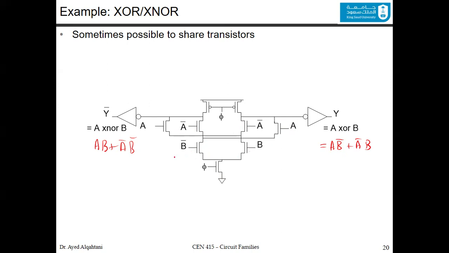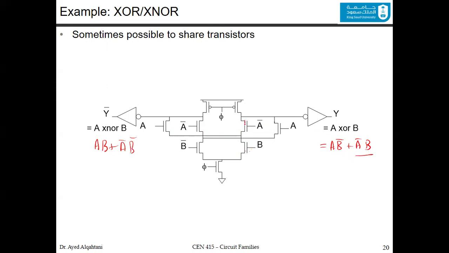The idea here is that we take advantage of sharing. That's the only idea in this design. How? If you want A and B bar, this is always B here. So you will have A from this side and B. In the XOR, sorry, A bar and B for this one.